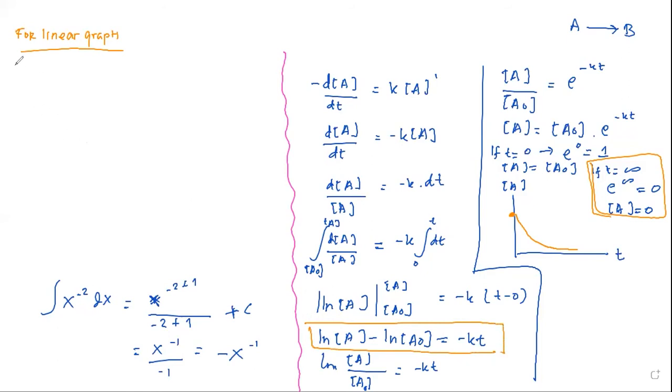I will write it again here. ln concentration of A equals ln concentration of A0 minus kt, moving to the right hand side. This equals y, this is c, this is m, and this is x.